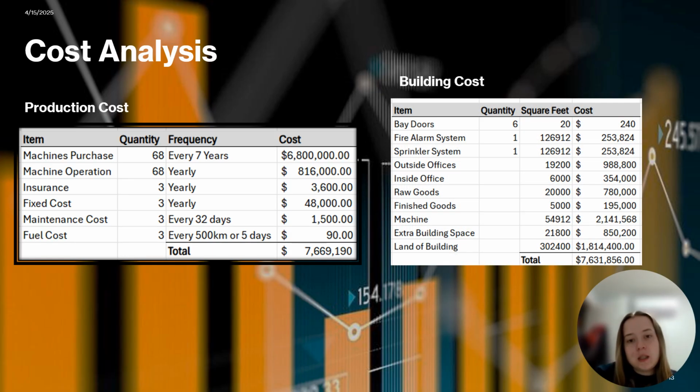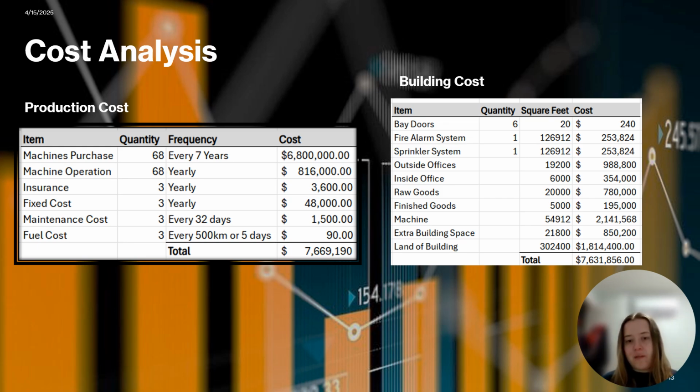The building costs, you can see here, we start with the miscellaneous, so that's the bay doors, fire alarm system, and sprinkler system. Those are based on quantity plus the square footage. The outside office, inside office, raw goods, finished goods, machine area, and any of the extra building space, when we combine it all together, is based on square footage that we got through our Visio and CORELAP calculations, and then multiplied by the total cost of steel, mechanical, electrical, exterior cladding, all of those costs.